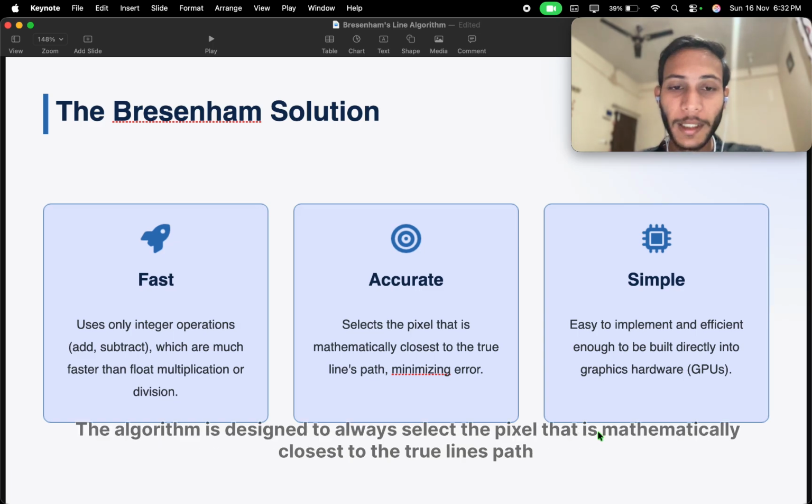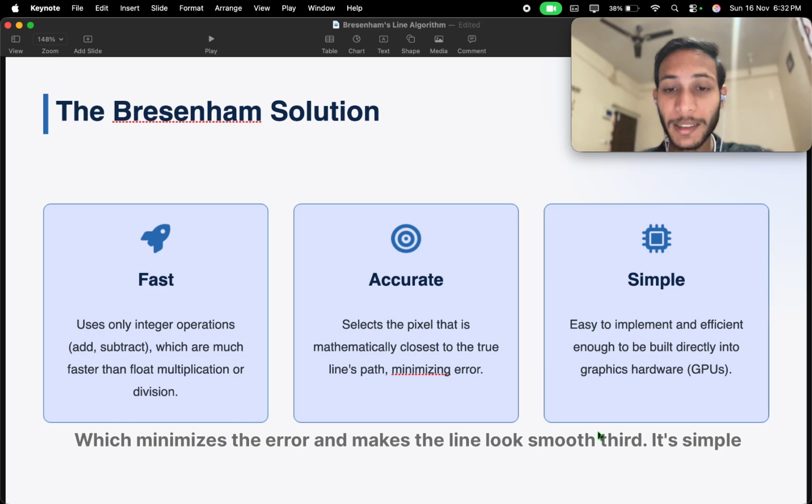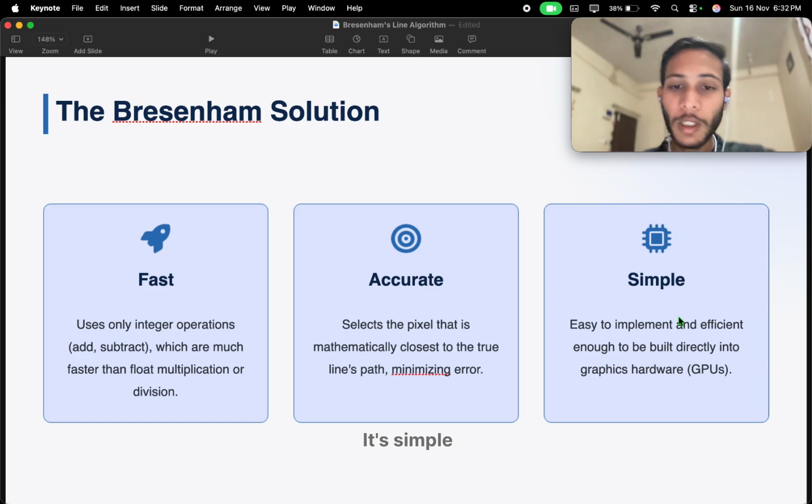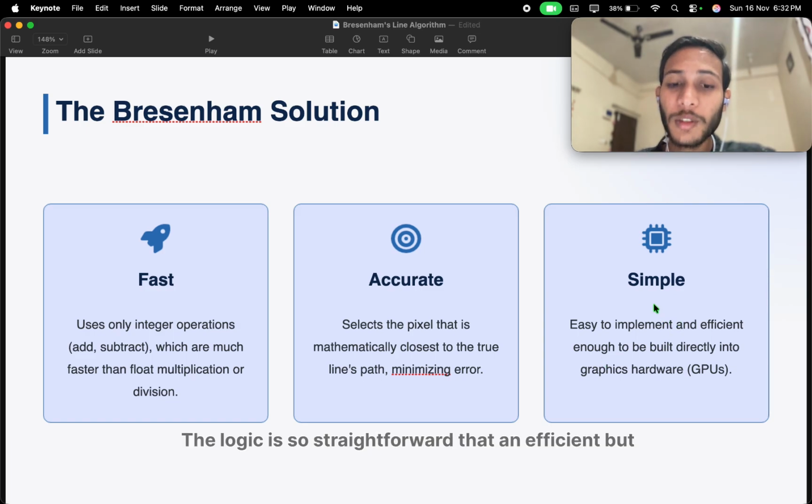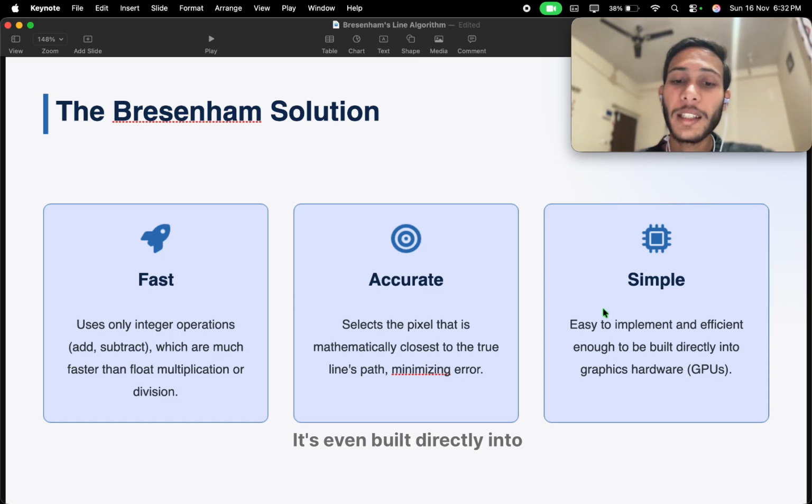Despite its simplicity, the algorithm is designed to always select the pixel that is mathematically closest to the true line's path, which minimizes the error and makes the line look smooth. Third, it's simple. The logic is so straightforward and efficient that it's easy to implement, and it's even built directly into graphics hardware like GPUs.